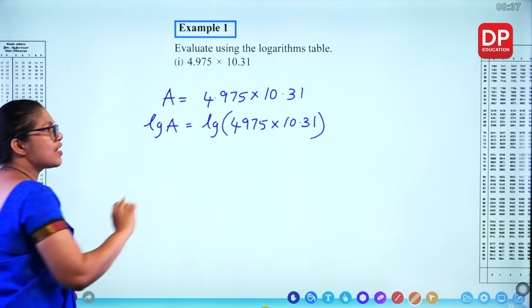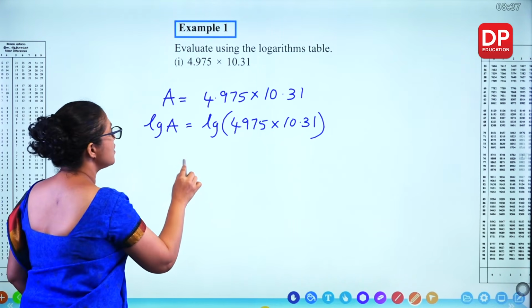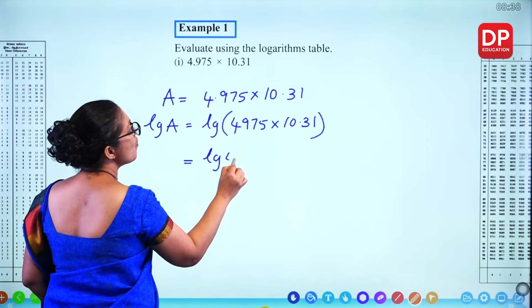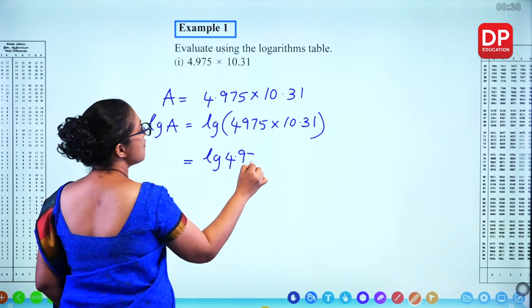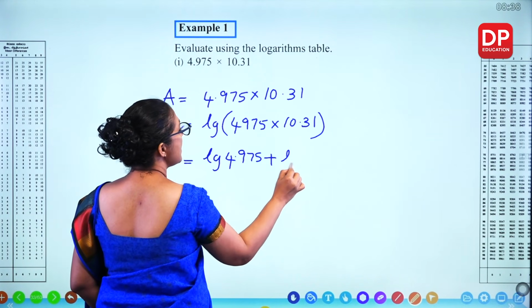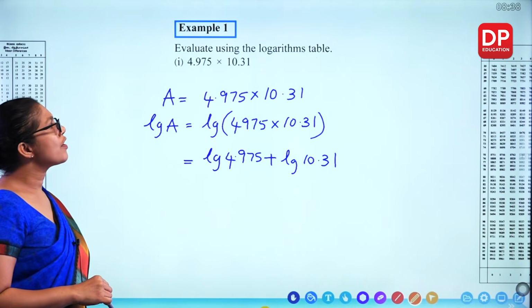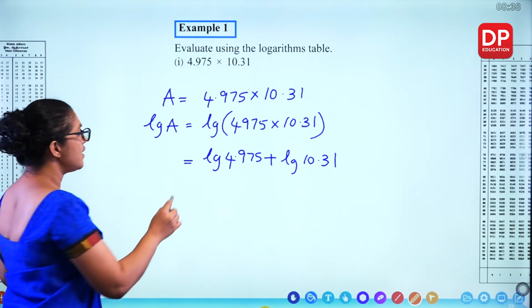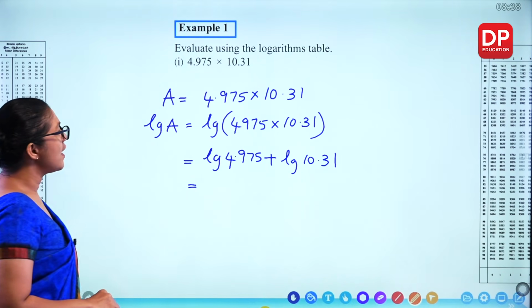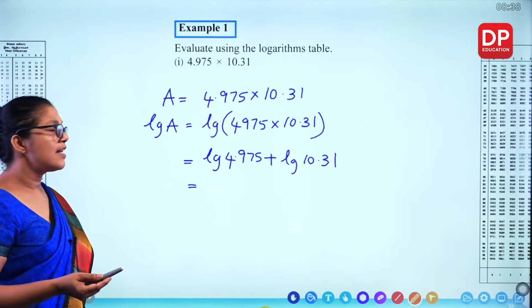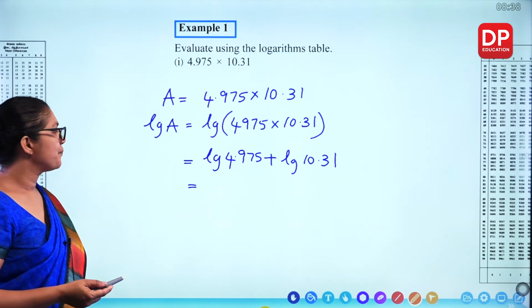Log multiplication becomes addition of logarithms. I can write LG 4.975 plus LG 10.31. Addition of logarithms. So when you add logarithms, you can find out the LGA value, and when you take the antilog, you can find the A value.